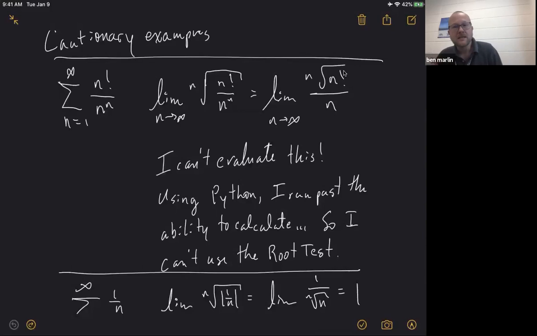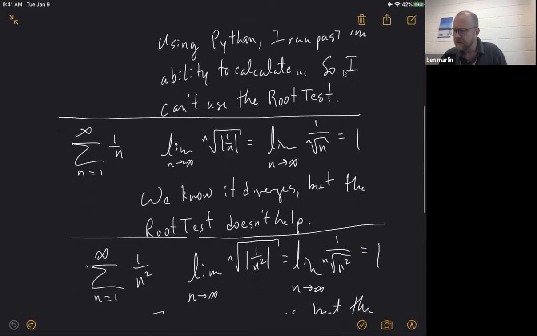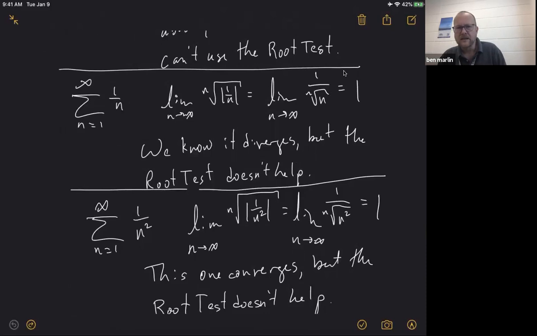The ratio test, however, is, okay? I believe this was an example we worked out in the ratio test video, but anyway. Then if we look at summation 1 over n, that is a harmonic series and we know it diverges. But when we take the root test on it, we see that we end up getting something with a 1. And a 1 is not decisive.